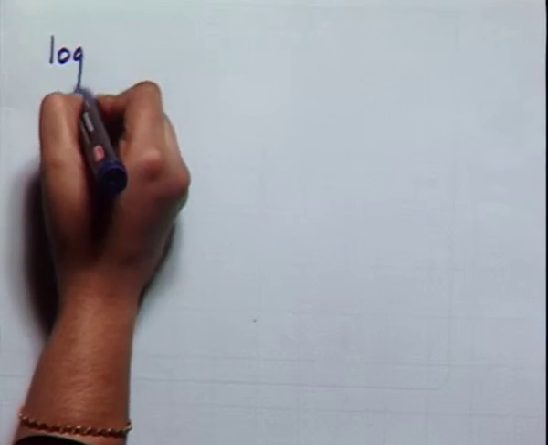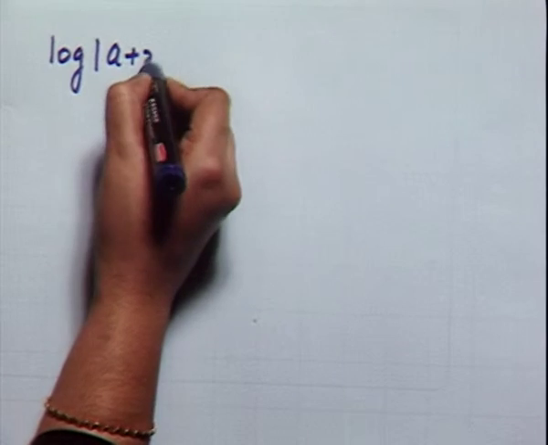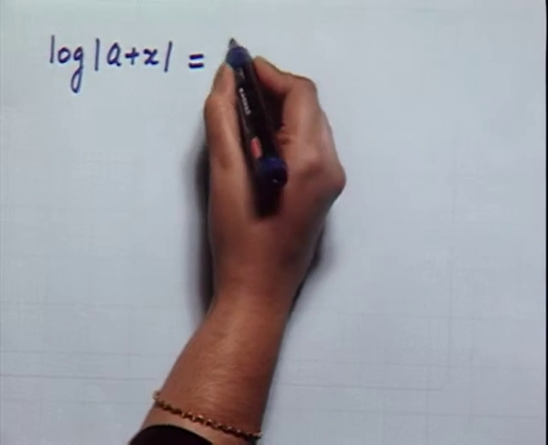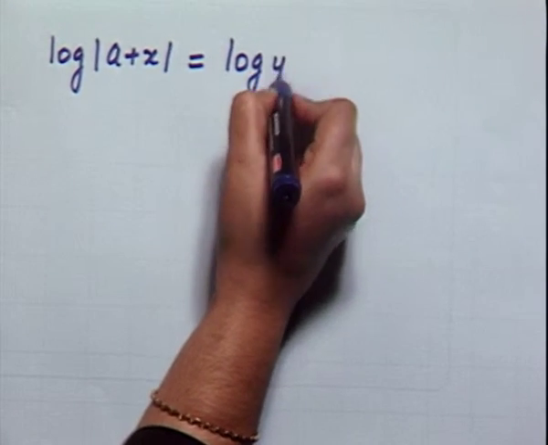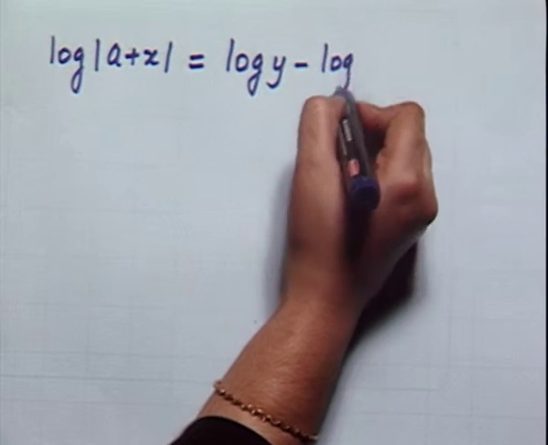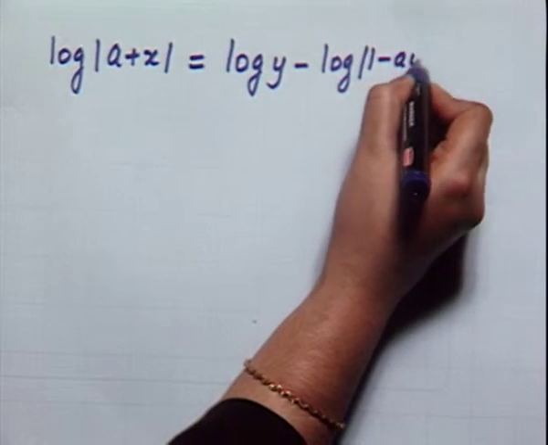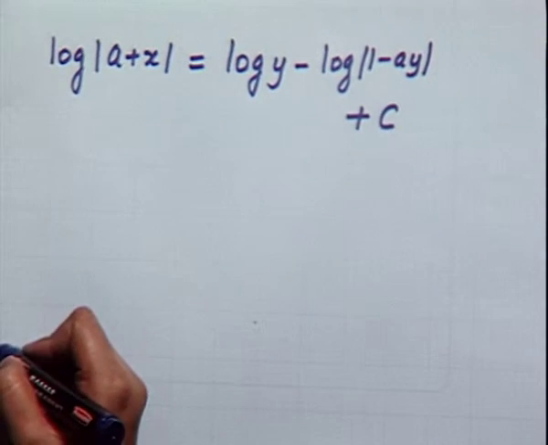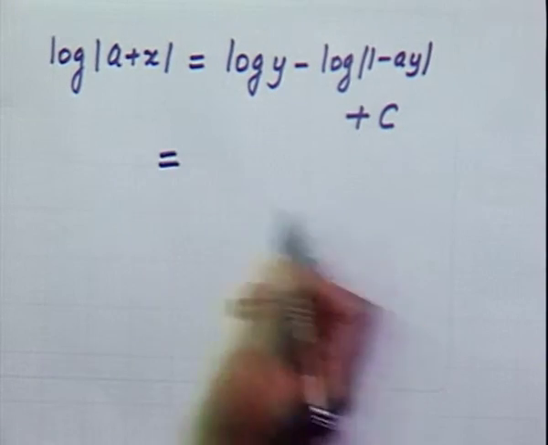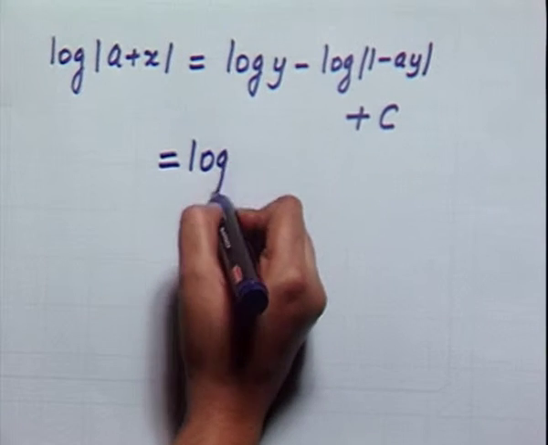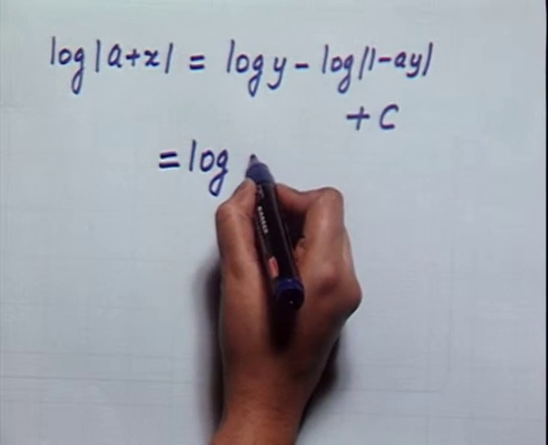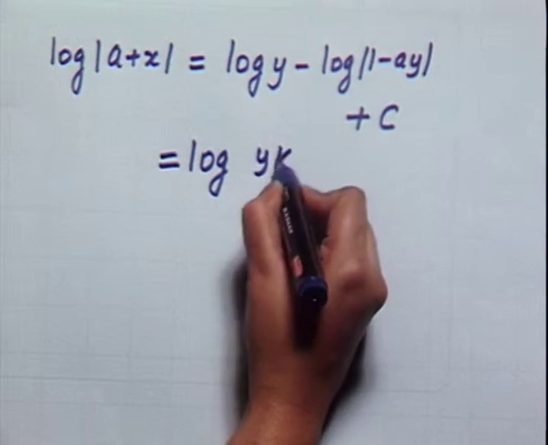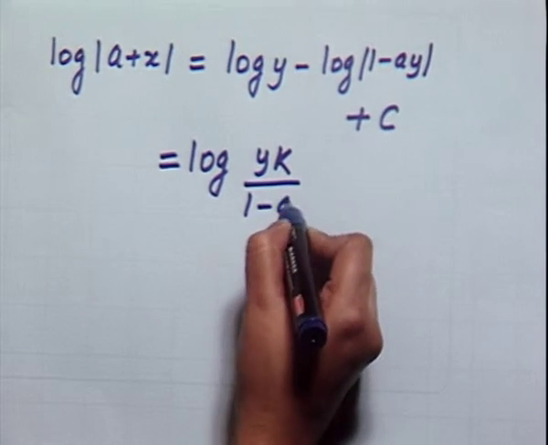Integrating, you will have simple integration again. Log of a plus x is equal to, check if you get, log of y minus log of 1 minus ay plus the constant of integration c. And again, as in the previous one, I can adjust everything all together as log of y into a constant k by 1 minus ay.